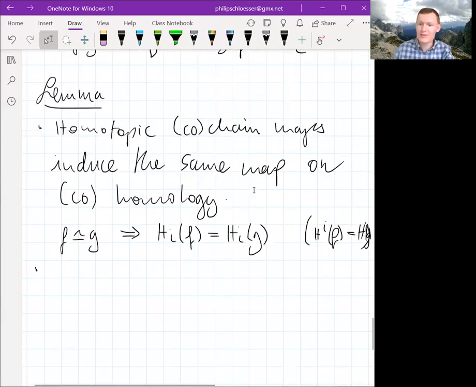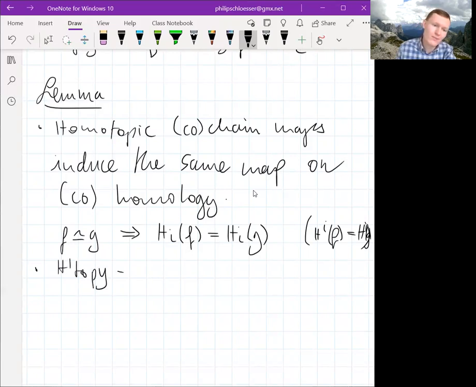And I guess you can see it coming: if two complexes are homotopy equivalent, they have isomorphic cohomology or homology groups.